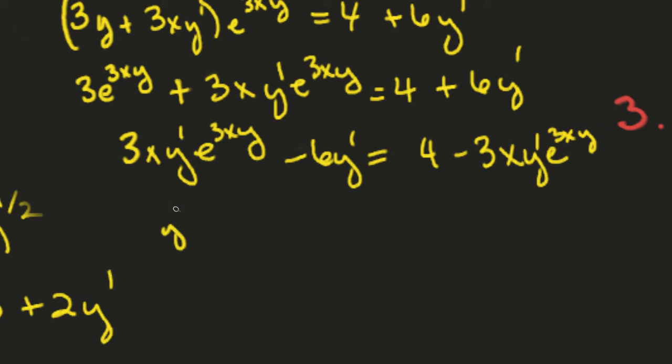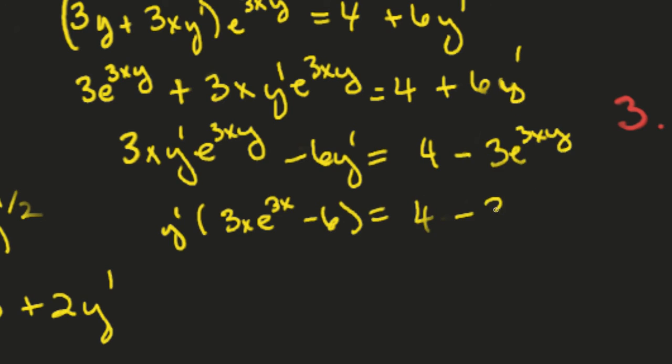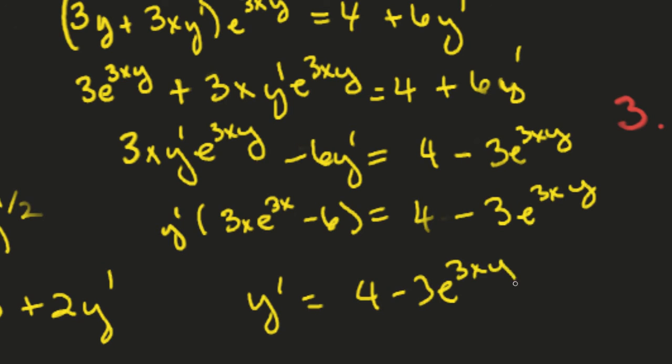Factor out the y prime. And then y prime would be 4 minus 3e to the 3xy over 3x e to the 3xy minus 6.